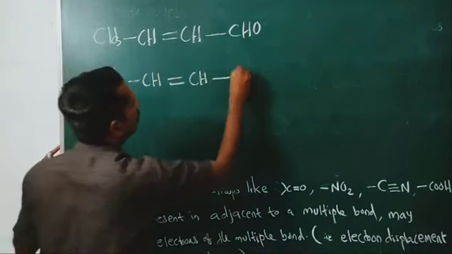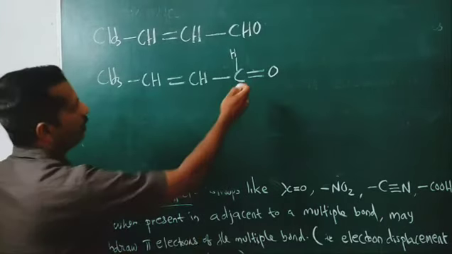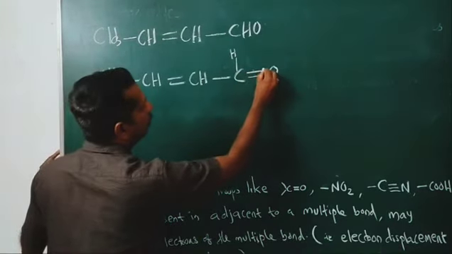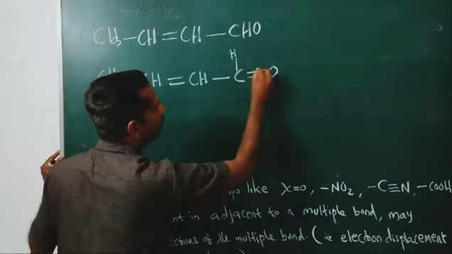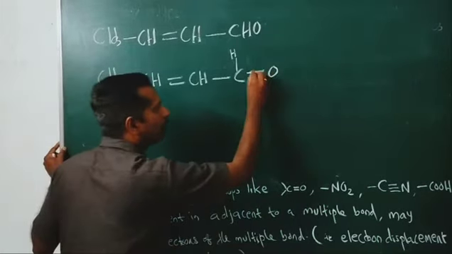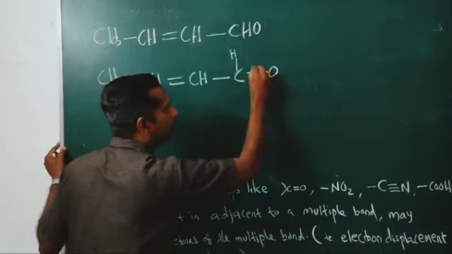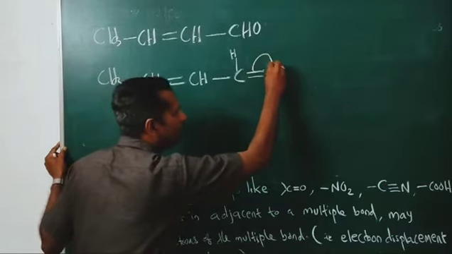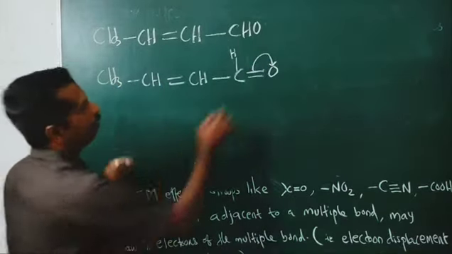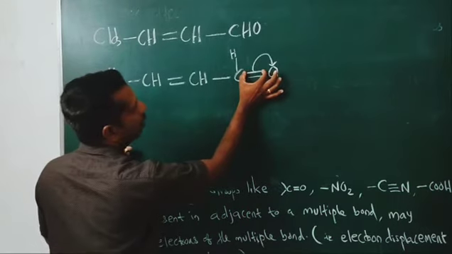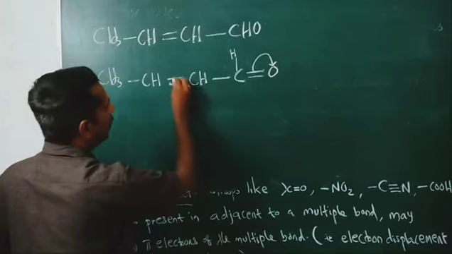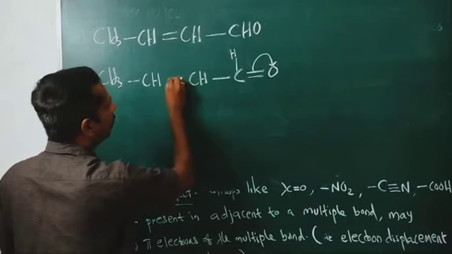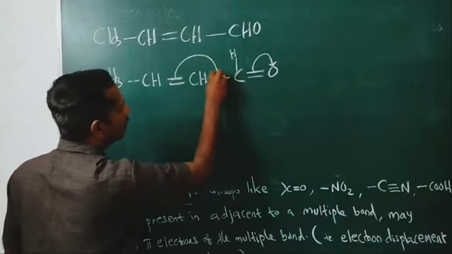Now you can see what is minus M effect or minus R effect. This bond, that means a pair of electrons, will be moved towards oxygen, since oxygen is more electronegative. This is a pi bond. These pi electrons will be shifted to the oxygen. Then this pi bond will come here.